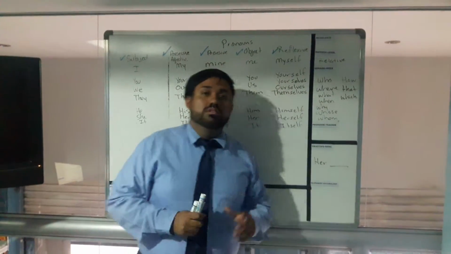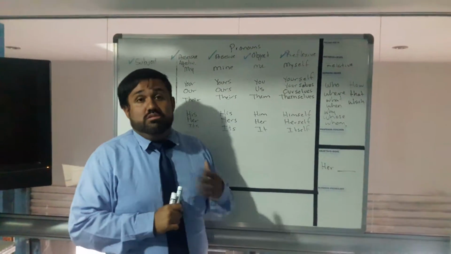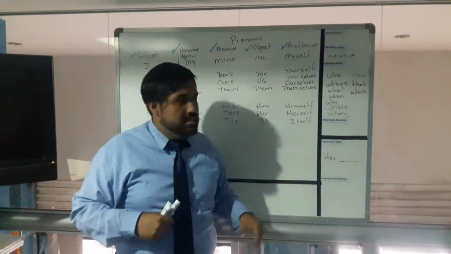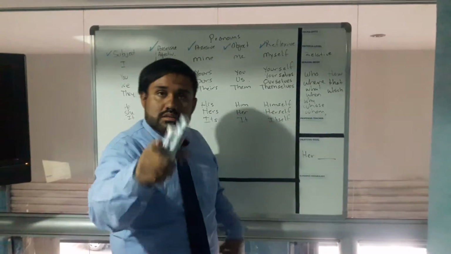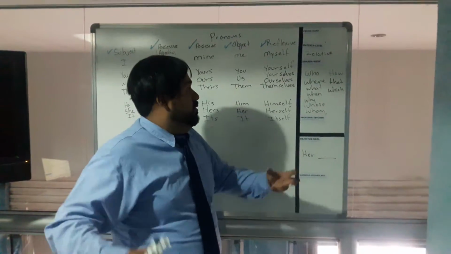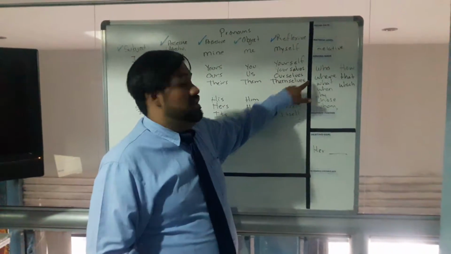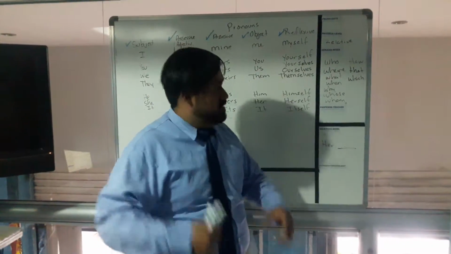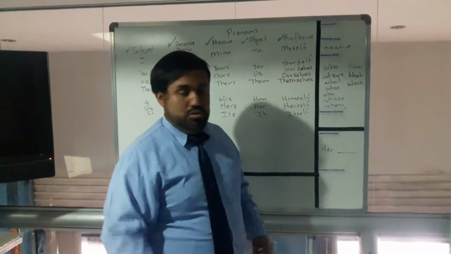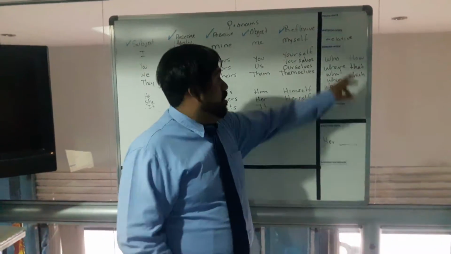Finally, we have relative pronouns, and the way to use them, as I already told you, is to join two sentences. But remember, when you use who or whom, you're talking about persons, people. When you use where, you're talking about a place. When you use what, you're talking about an object, or even when you use which, you're talking about an object, or that.